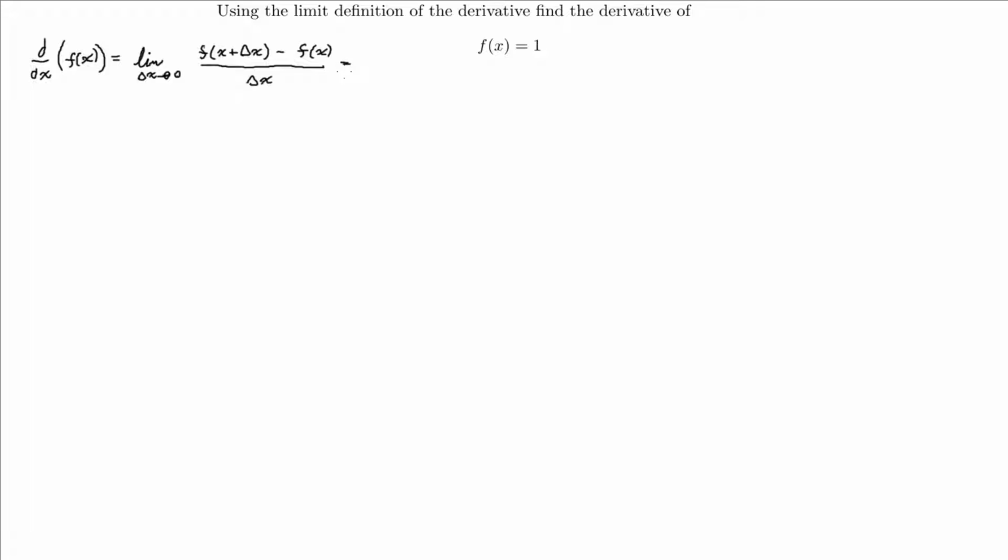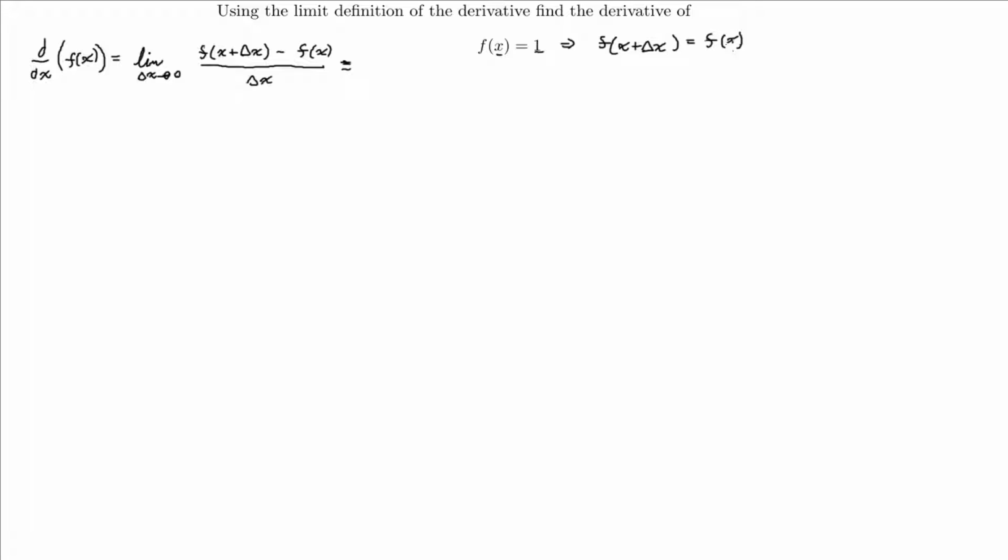So in this case, our function is constant, right? So no matter what value of x I plug in, I'll always get out that f of x is equal to 1, right? So what does that mean? Well, that basically means then this function implies that f of x plus delta x is equal to f of x, right?